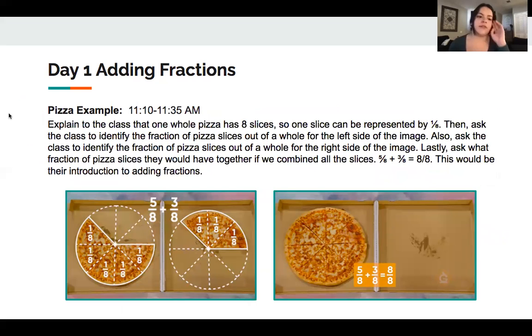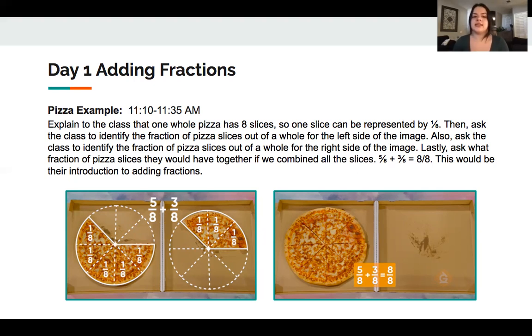So their first example that they're going to receive is the pizza example. So we're going to explain to the class that one whole pizza has 8 slices. So one slice can be represented by 1/8 as seen in the image below. And this is because, as we had mentioned earlier, the denominator represents how many parts of a whole we have in total.